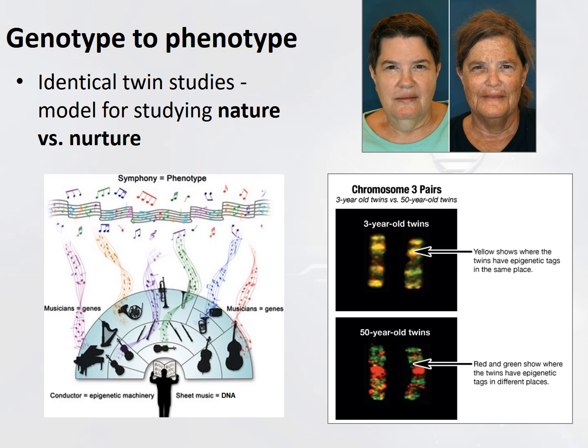Epigenetic markers for one twin are labeled in red, and for the other twin are labeled in green. At the age of 3, there is a lot of yellow, meaning that there is a lot of overlap in their epigenetic markers. However, at 50, you can see that they differ quite drastically depending on their own individual experiences.